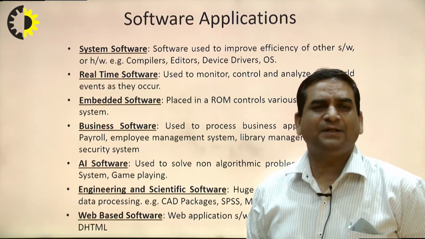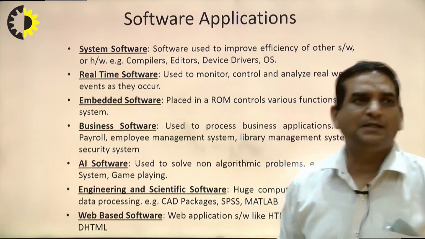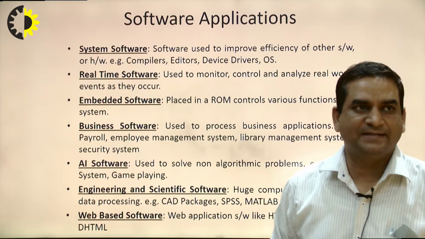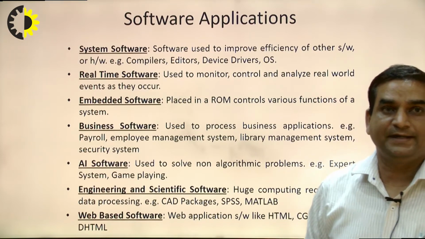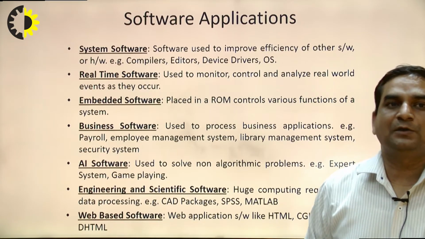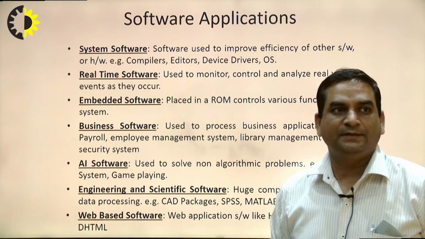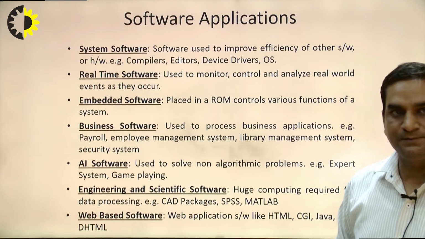These are some examples of every area. In system software, we use compilers, editors, device drivers. In real-time software, we monitor, control and analyze real-world devices. In embedded software, we use ROM to control various devices and functions. In business software, we can use an employee management system or library management system.